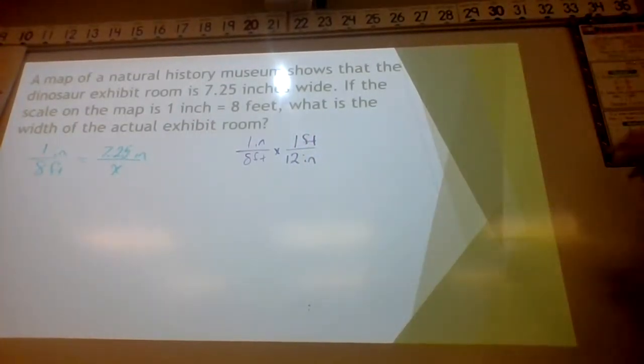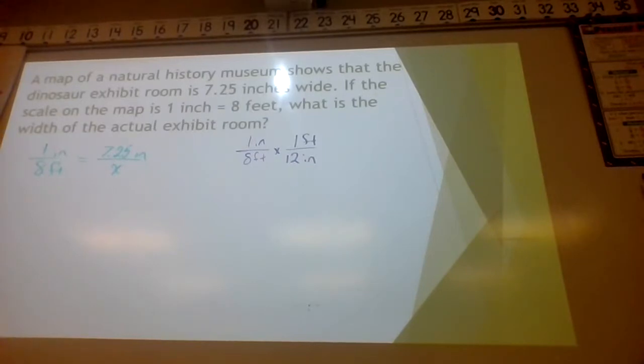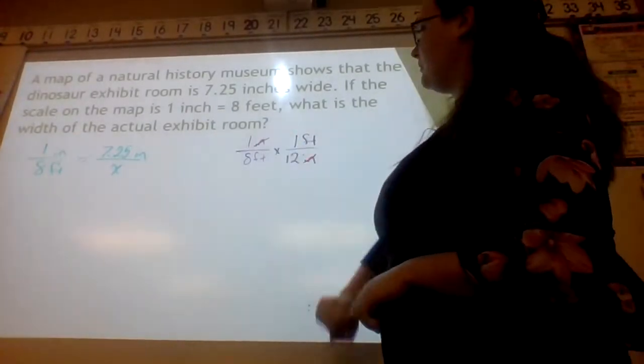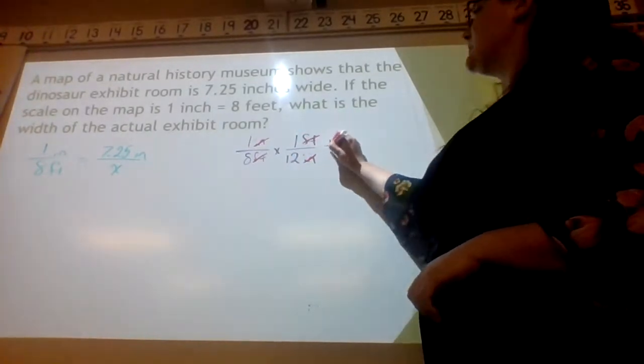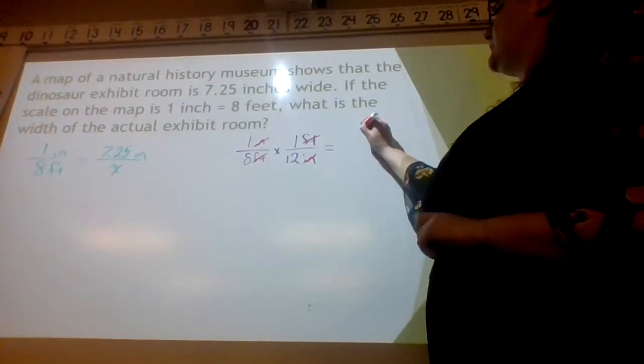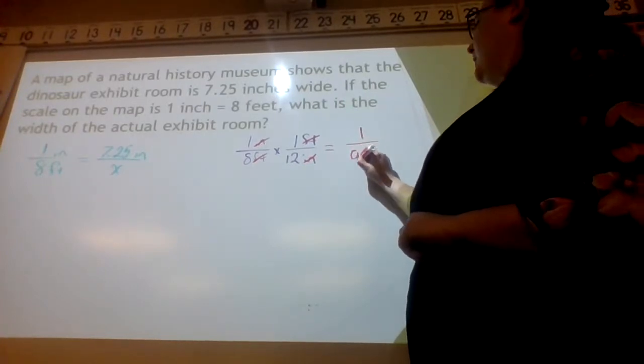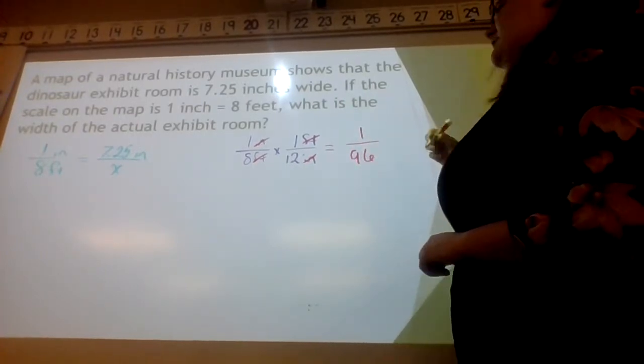Now, why do I want you to set it up like that? You can cross out the inches and the feet, and you multiply the numerators. Inches cancel out. Feet cancel out. What is 1 times 1? What is 8 times 12? 96.